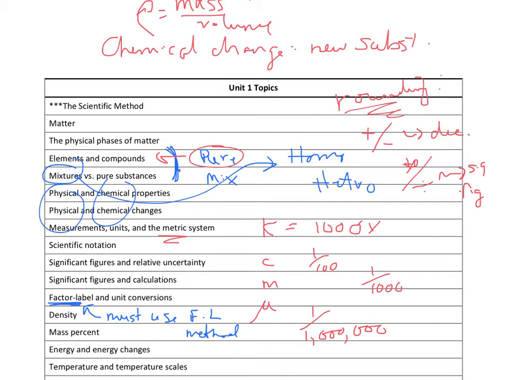Mass percent, I'll put that one right here. So mass percent is basically you take the mass of the component, and it could be like a shell or the white or the yolk. I'll put COMP for component, divided by total mass. In the case of the experiment we did, that's the total mass of your egg. Energy and energy changes, oh yeah, we did do that.